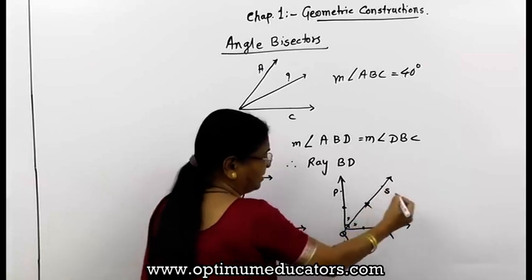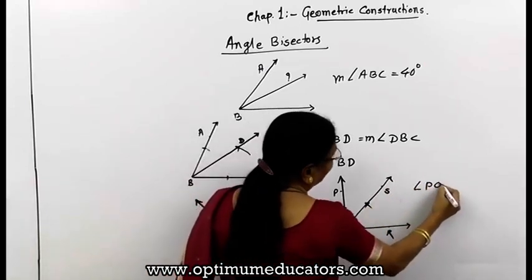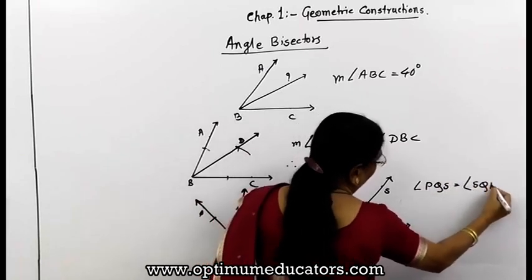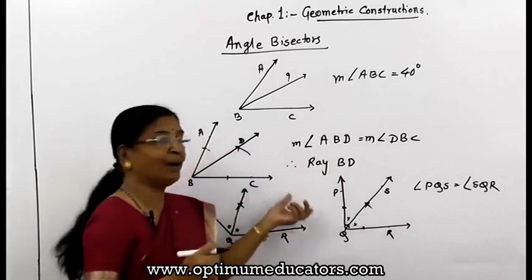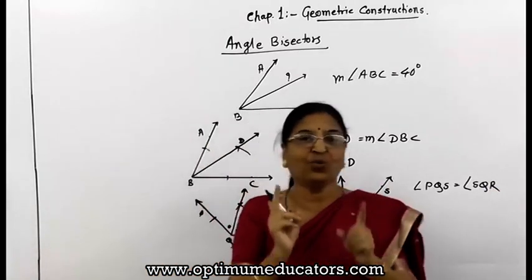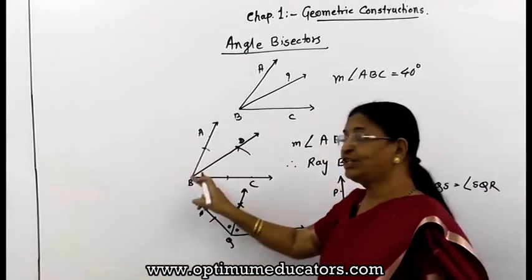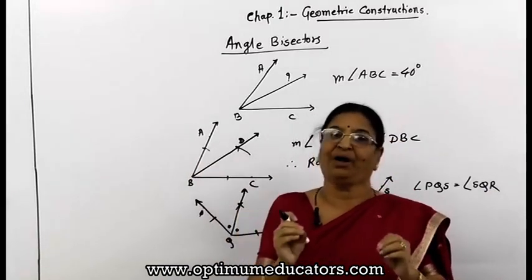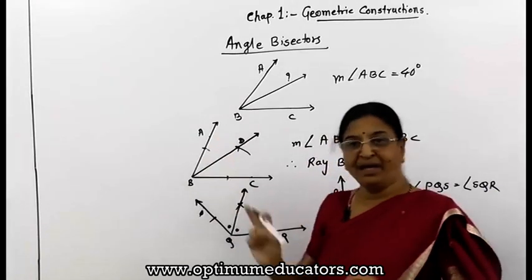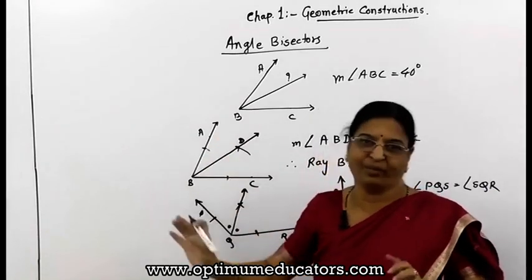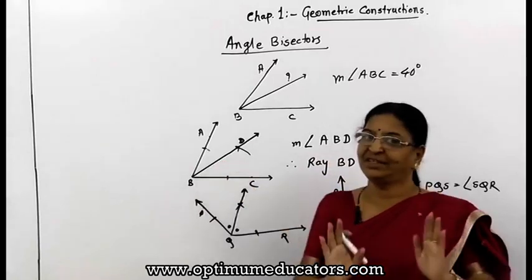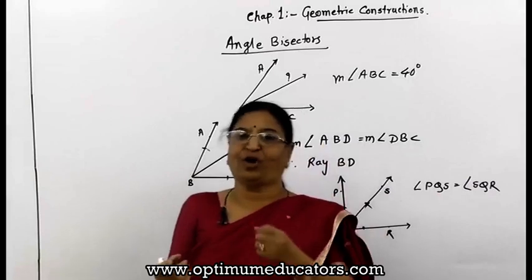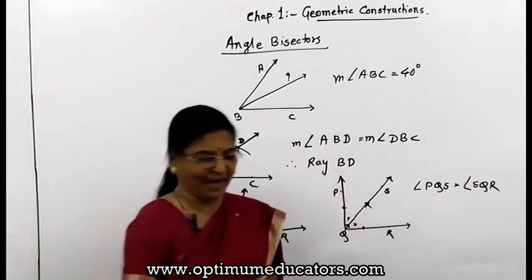If this is S, then angle PQS is equal to angle SQR. Here you come to the point that there is one ray which starts from the vertex of the angle and passes through the interior of the angle, which makes two equal parts of the angle, and thus this is an angle bisector.